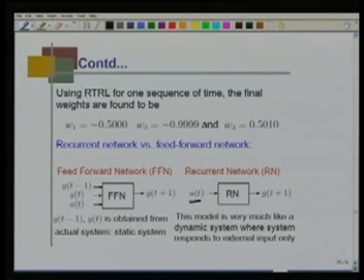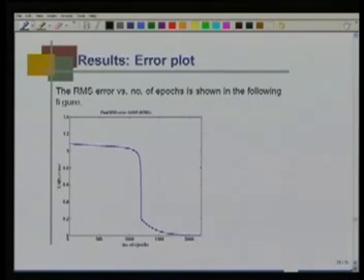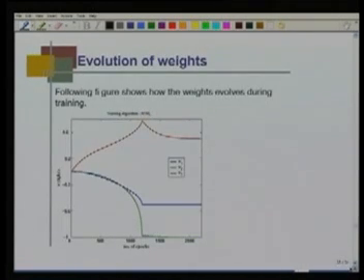Recurrent network is a dynamic network. Okay. So, RMS error versus number of epochs: you can easily see how the RMS error is decreasing and going towards 0, where the number of epochs is 1500, and you see how the weights are evolving.